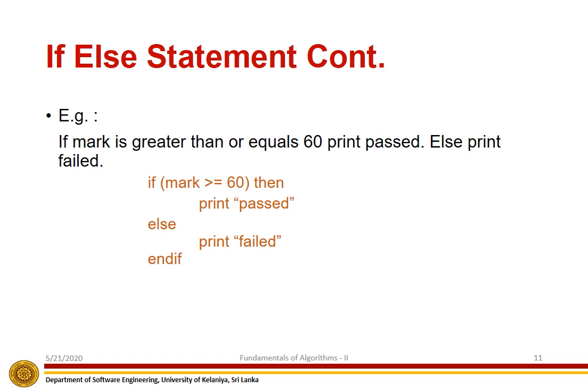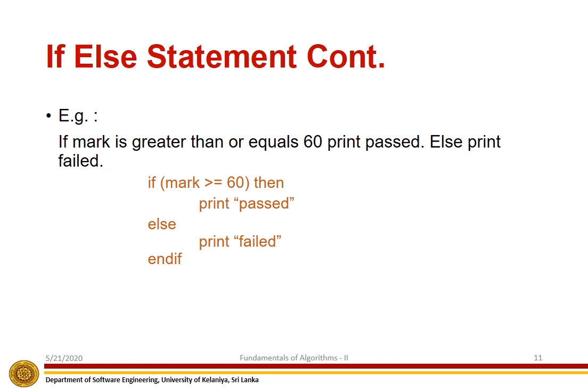Then keyword, next line, what we want to do if the condition is true, print passed. Then next line keyword else. After that next line what we want to do if the condition is false, print failed. And finally end the if-else statements by end if. Okay, you all have got an idea about if statements and if-else statements, when and how to use them.